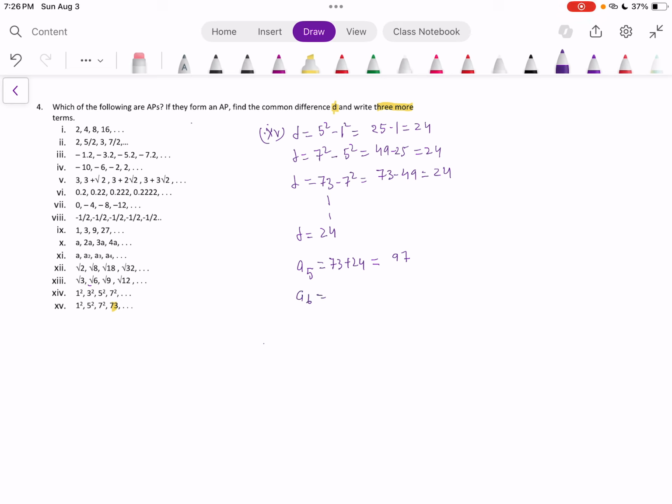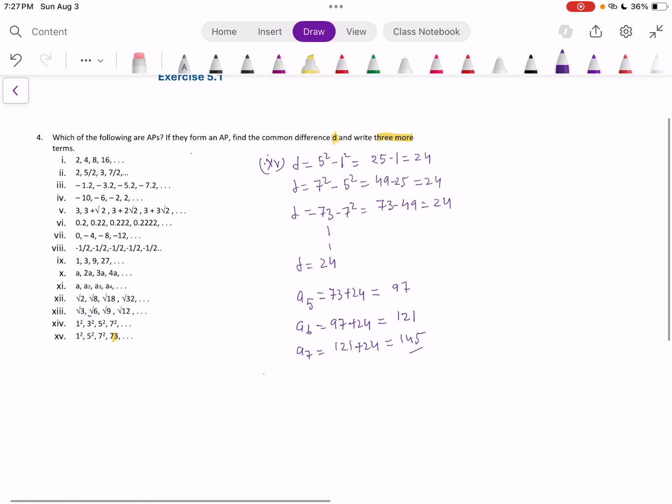A6 is going to be the previous term, 97 plus 24, which is 121, and A7 is going to be 121 plus 24, which is 145. So that's exercise 5.1.